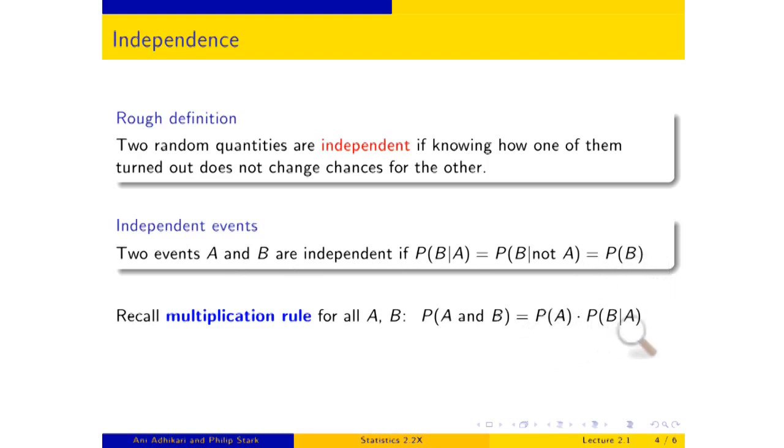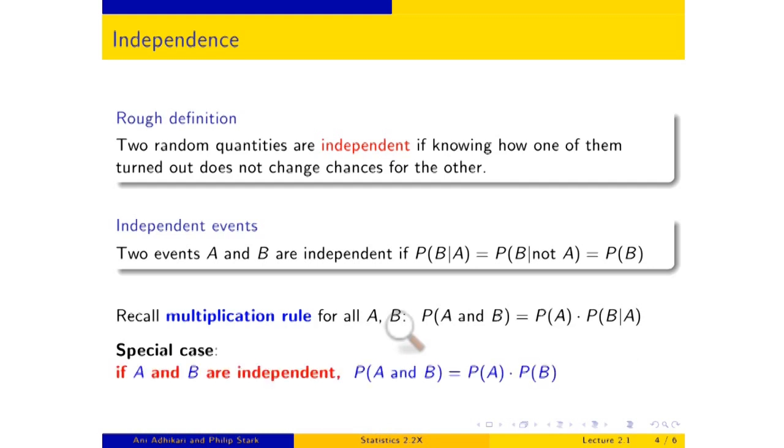And that simplifies the multiplication rule. So a special case of the multiplication rule is when A and B are independent. And in that case, P(A and B) is just P(A) times P(B). Conditioning B on A does not change anything.